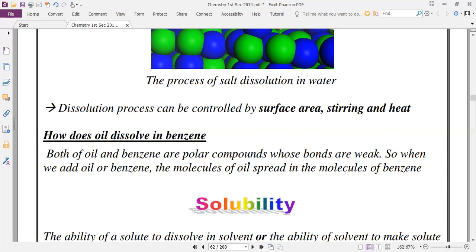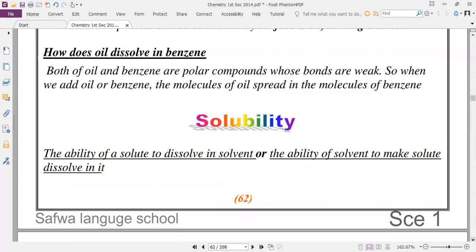Then what happens after putting benzene on the oil? The oil will dissolve in benzene. The chemise will change into black only, but you can wear it again, right? But in a black color.